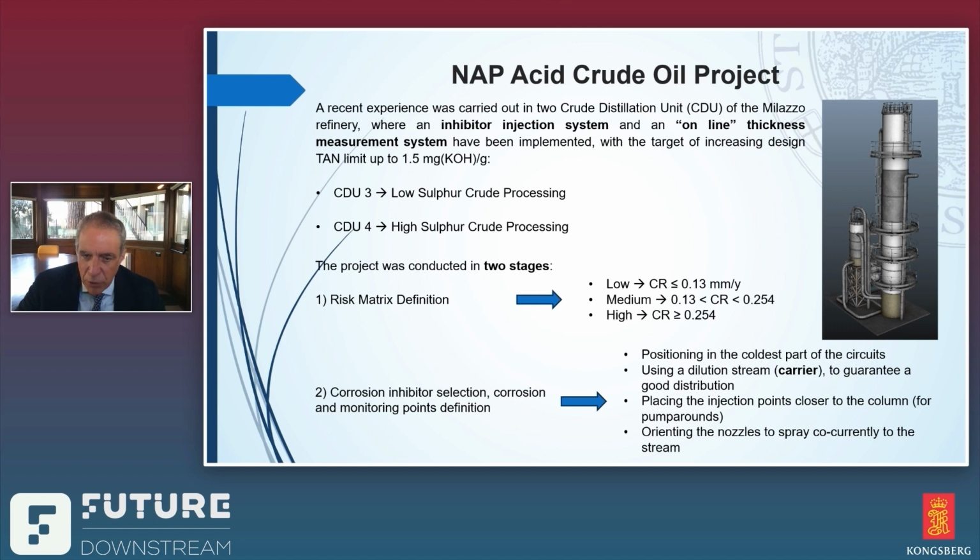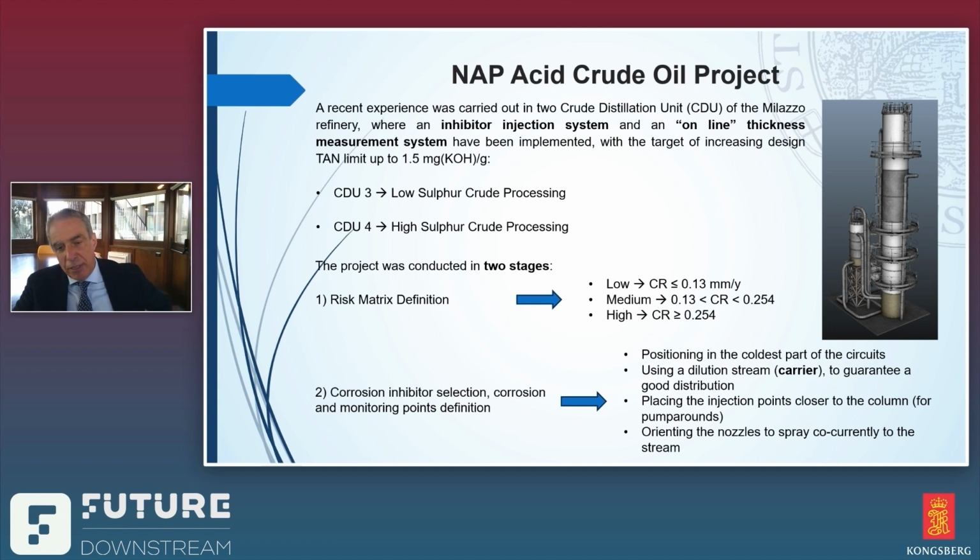We did the project first with the risk matrix definition. So we assessed the corrosion rates, and a low corrosion rate is less than 0.13 millimeters per year.